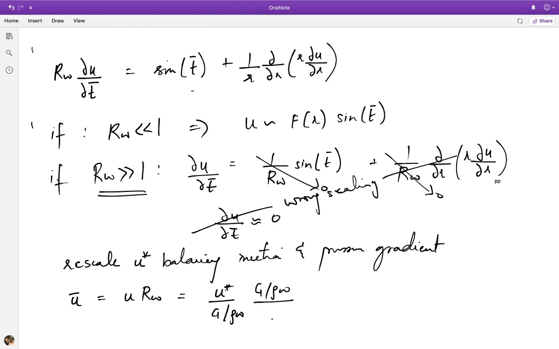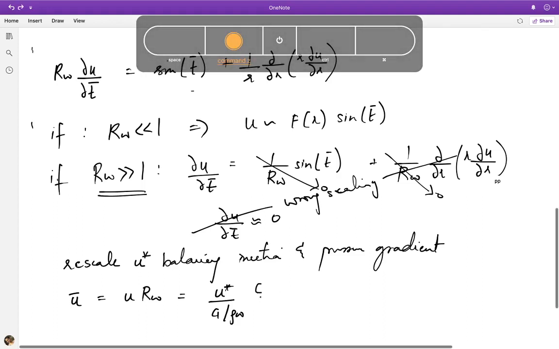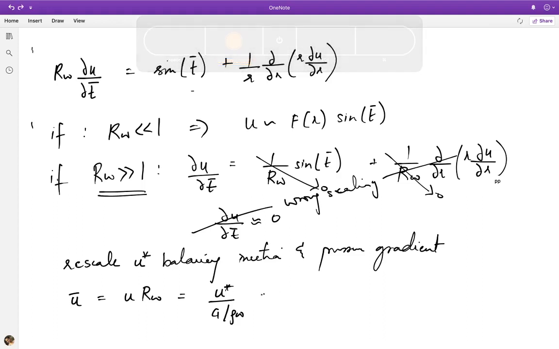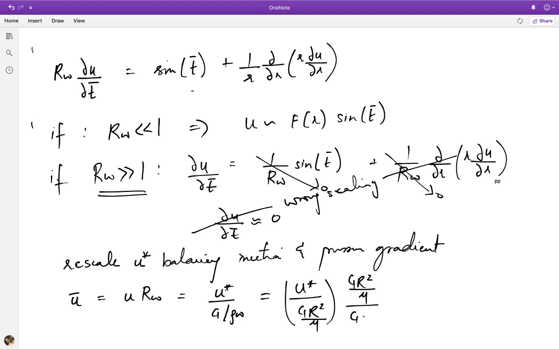But to relate this to our old problem, we can do it as follows. I want this to be u bar, but this can of course be written as u star over my old viscous velocity scale. Right, this is the old u times g r square by mu times my new scale.